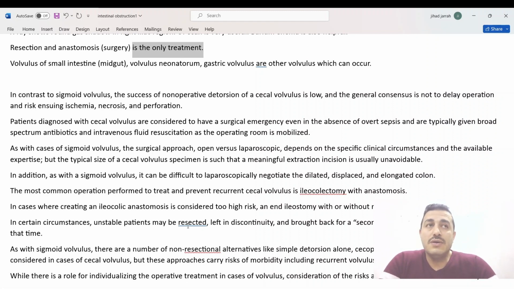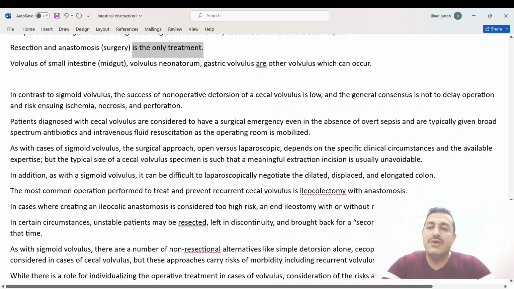This depends on individualization of the case and the experience of the surgeon, but we should keep in mind that these bowels are dilated, and they require a short incision in the abdomen. They also require an incision to extract the dilated bowel. So we lean toward the open approach till this time.